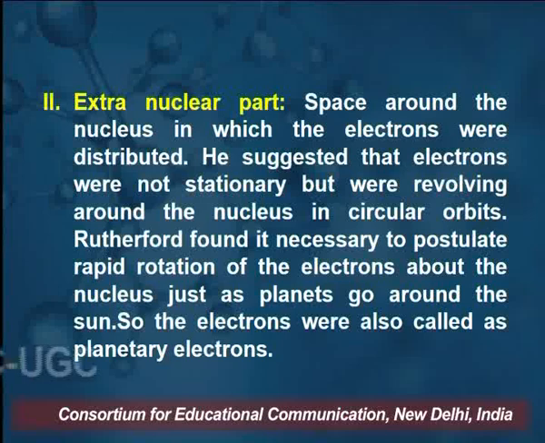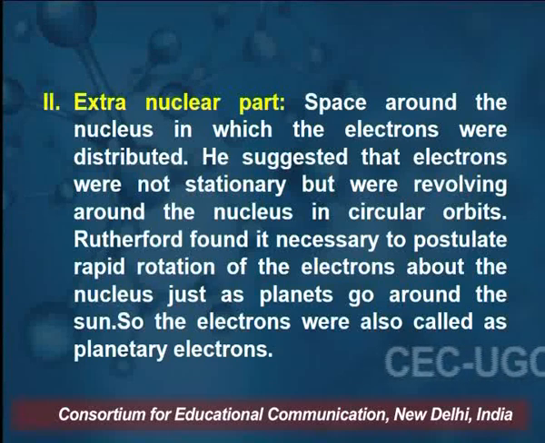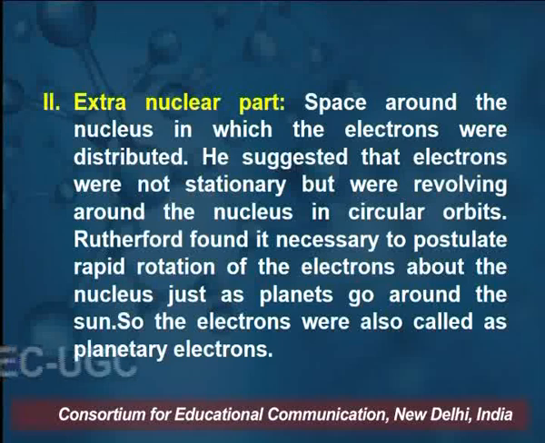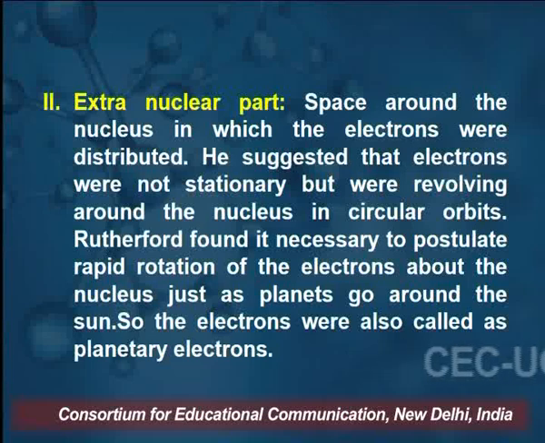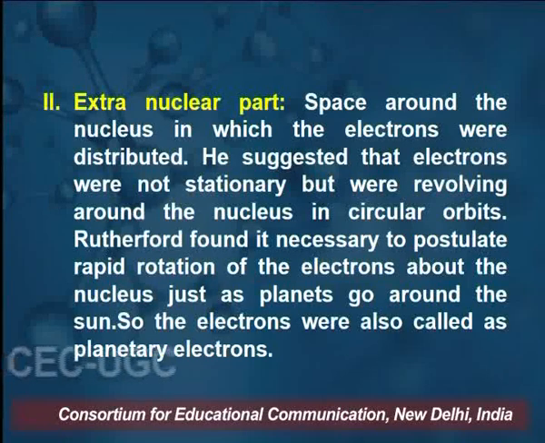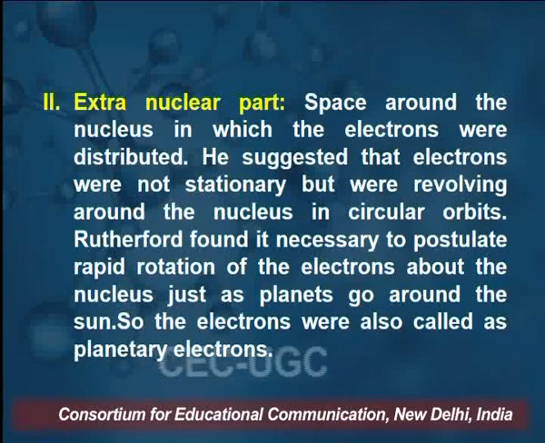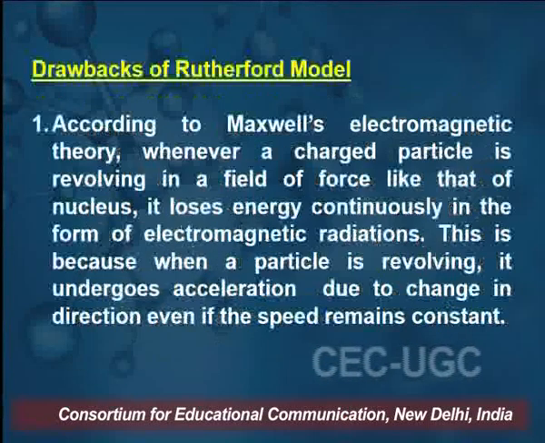He suggested that electrons were not stationary but were revolving around the nucleus in circular orbits. Rutherford found it necessary to postulate rapid rotation of the electrons about the nucleus, just as planets go around the sun. So the electrons were also called planetary electrons.